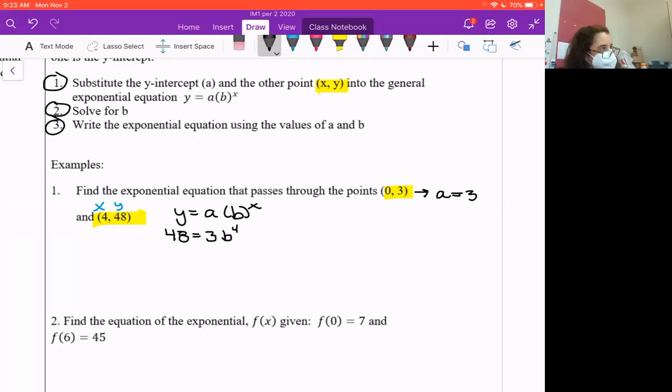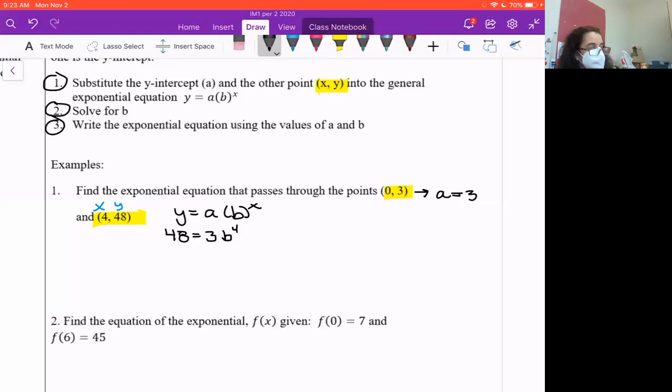Parentheses are optional since there's nothing inside the parentheses except for that one value b, so you can drop the parentheses if you want. We usually have them in the general equation just in case you have some weird number in there or some calculation like 1 plus your interest rate. But that's where we're at.